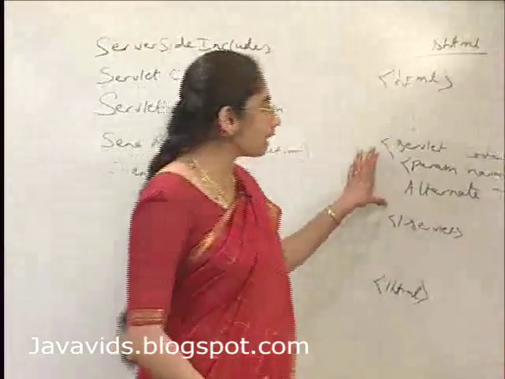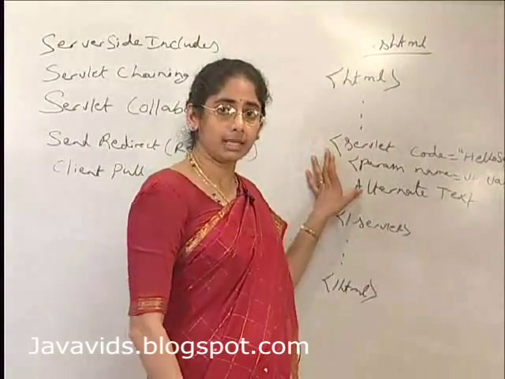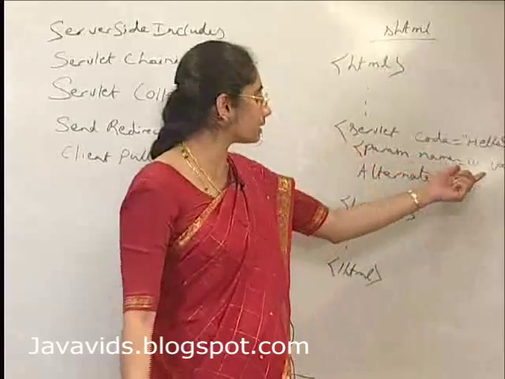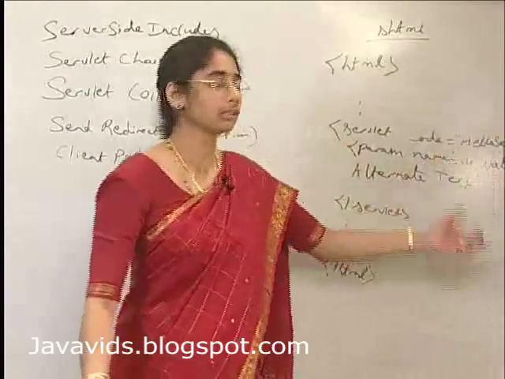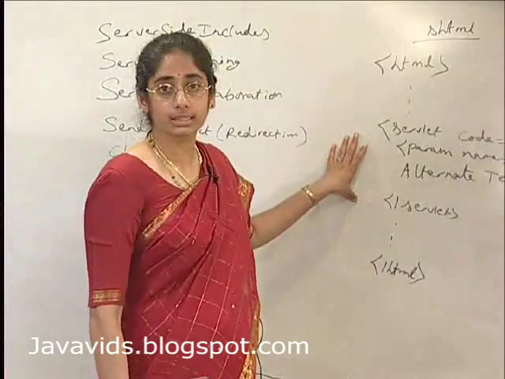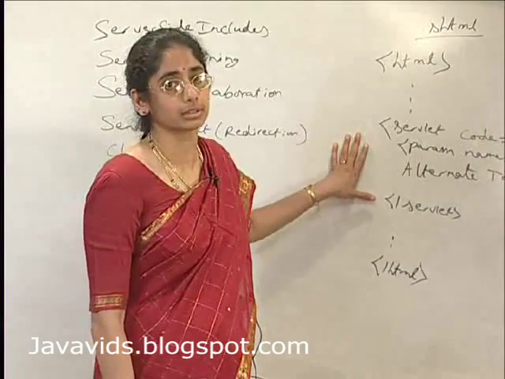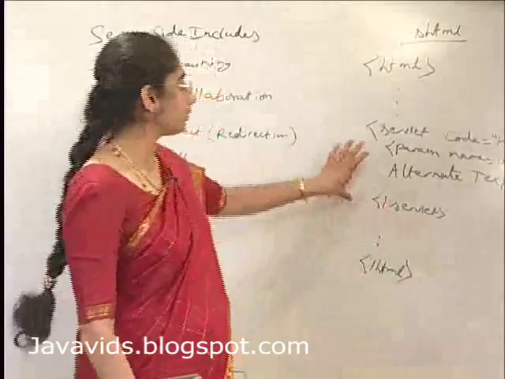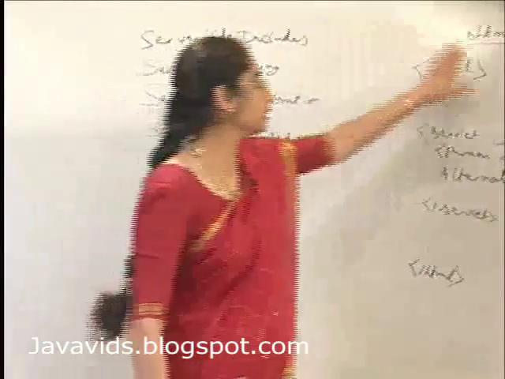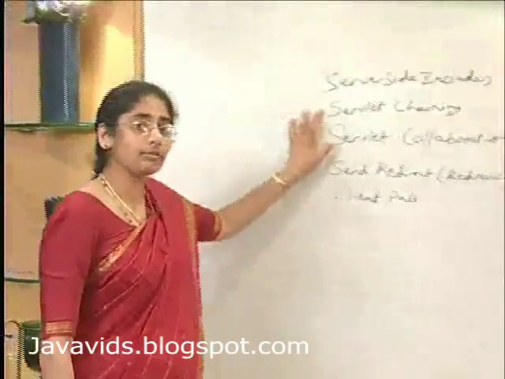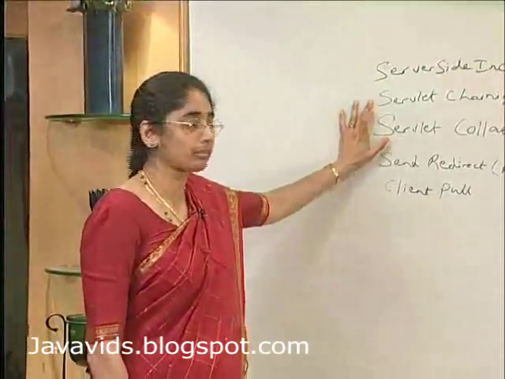As you can see here, you can't really pass any dynamic client based request parameters because it's all defined out here in the file as static content. That's a drawback with SHTML files or the server side includes. Now we usually do not make use of SHTML files or SSIs, but this is one concept which is still available. We have next the servlet chaining.